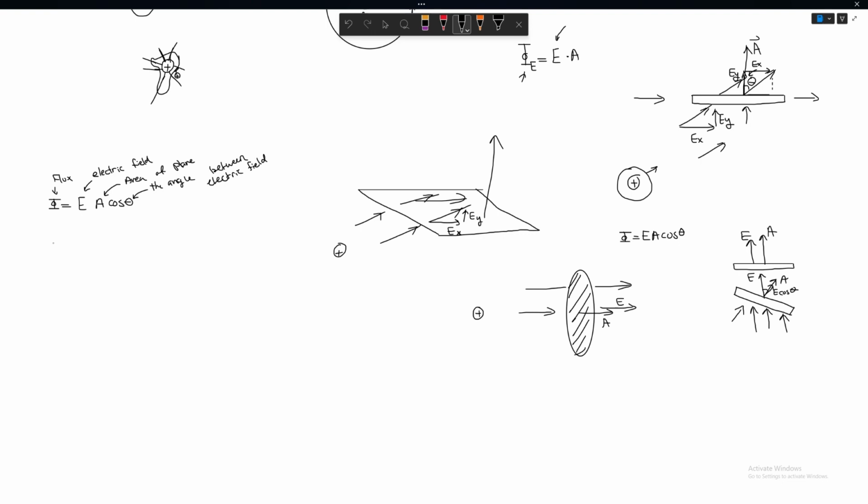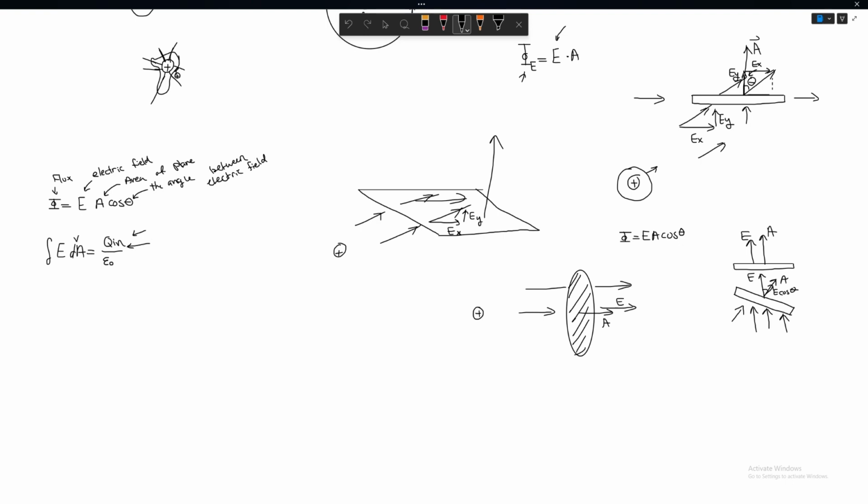And our second equation is the integral of E dA equals my charge enclosed, Qn, over epsilon naught. This one is the actual Gauss's law formula. This one is a flux formula, which is, I don't know if Gauss made that one, but I know this one is definitely the one.